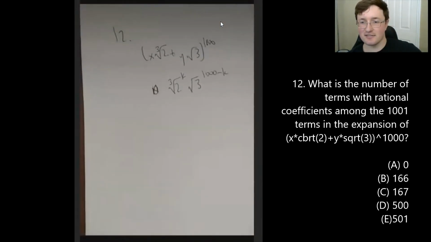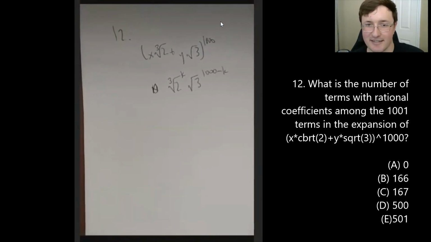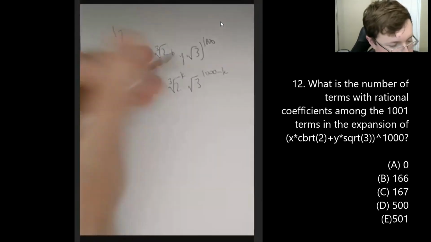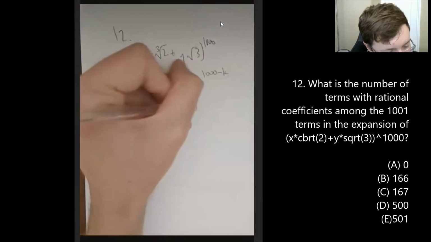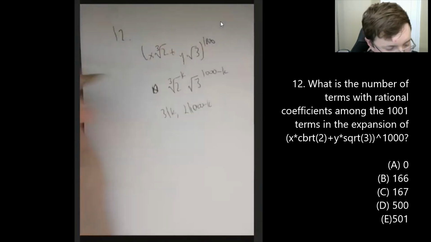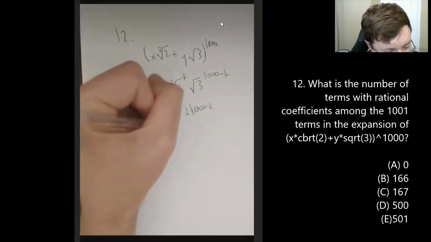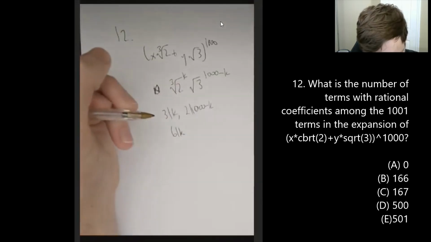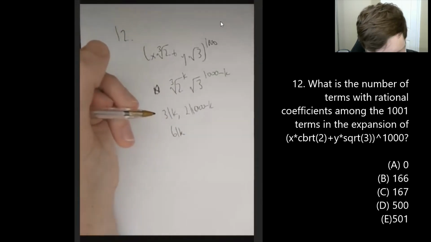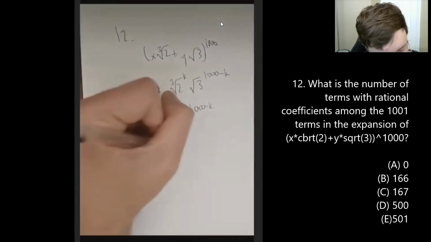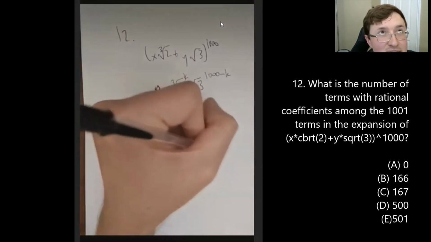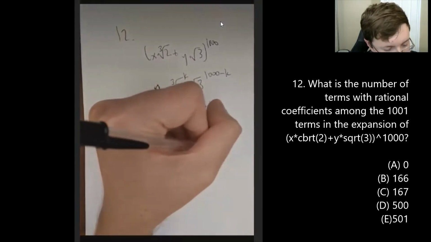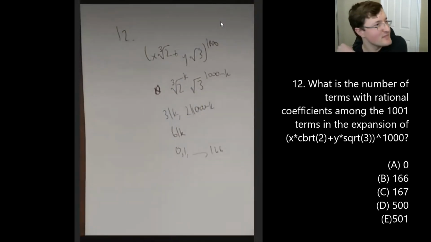Okay, so thank you, Nicholas. Okay, so 3 divides k and 2 divides 1,000 minus k, so k is just a multiple of 6. Is it really that simple? Okay, so then I go from 0, blah, blah, blah, up to 166 times 6 is 996.